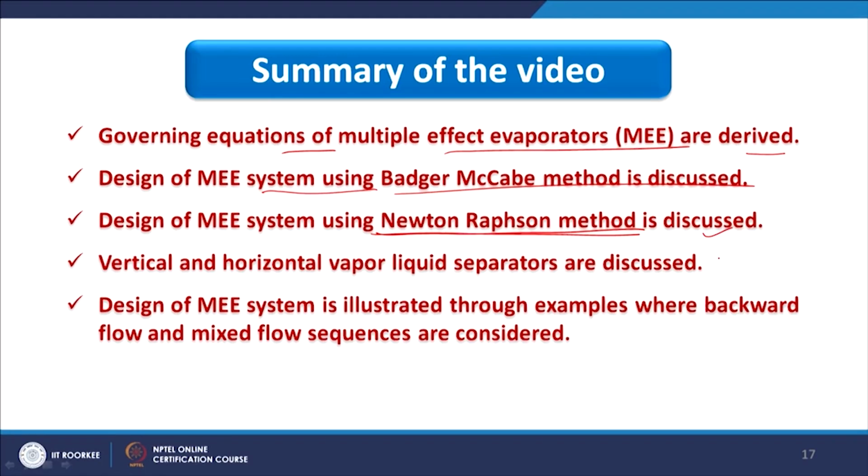We also focused on the vapor liquid separator, whether it is placed vertically or horizontally, and finally we have considered design of multiple effect evaporator systems using 2 examples where backward sequence as well as mixed flow sequence are considered, and forward sequence we have already considered when we designed the triple effect evaporator system, where we focused on derivation of each governing equation. So, that is all for now.